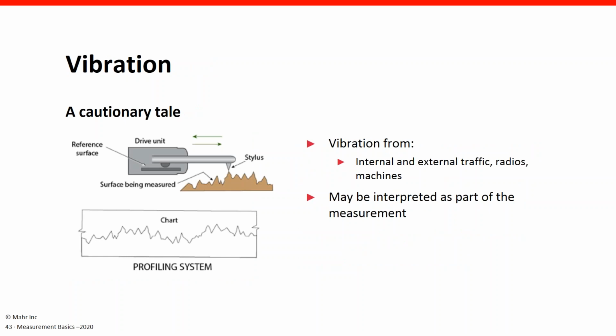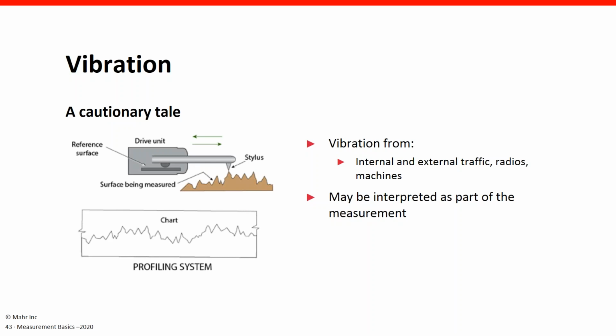And vibration. Vibration can be a big problem, especially in submicron measurement, and especially when making surface finish measurements, because sometimes you can't tell the difference between a surface finish trace and the vibrations that are coming from outside sources, whether it be internal, external traffic, radios, machines.